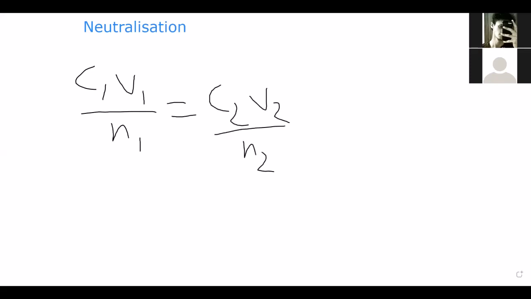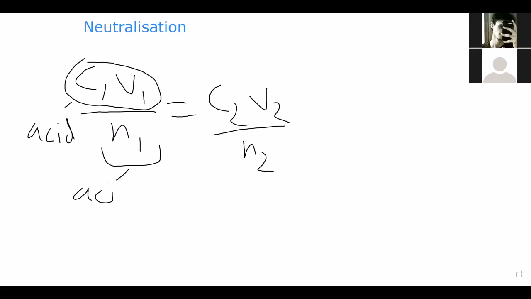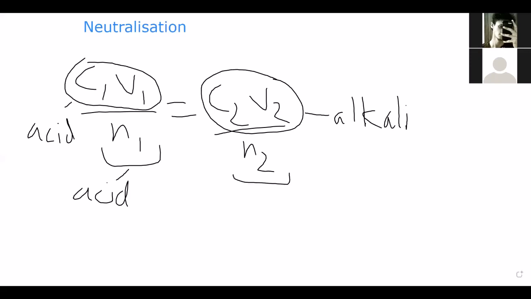Over here, C1 and V1 are the concentration and volume of the acid, and N1 is the moles of the acid in the balanced chemical equation. Similarly, C2 and V2 are the concentration and volume of the alkali, and N2 is the number of moles of the alkali in the balanced chemical equation.